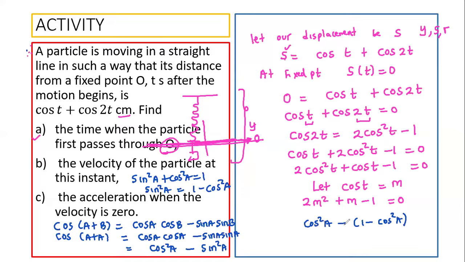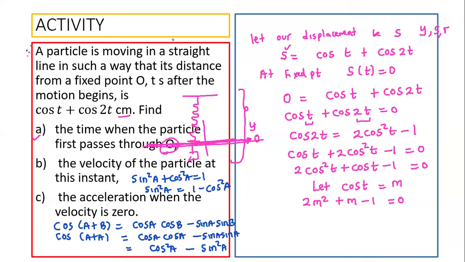When you open, negative and negative will give you a positive. So you get 2 cos squared A minus 1 is equal to cos of A plus A, which is the same as 2A. So that's how it comes about. Okay, thank you.